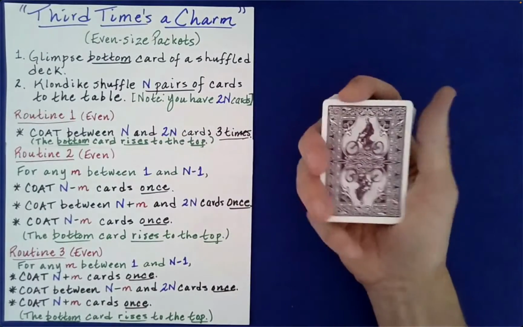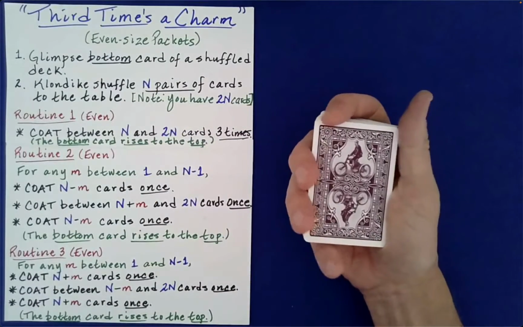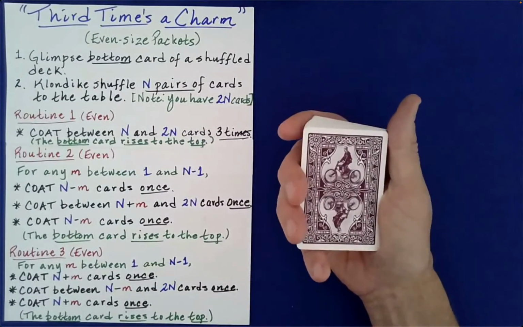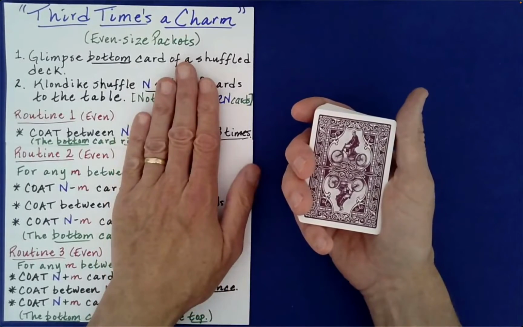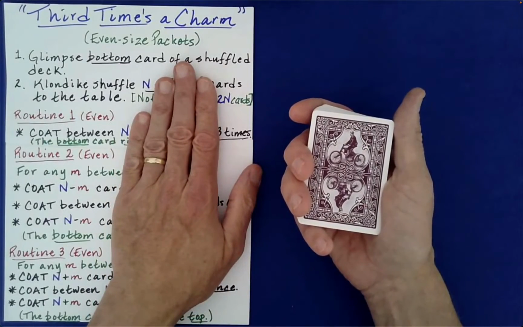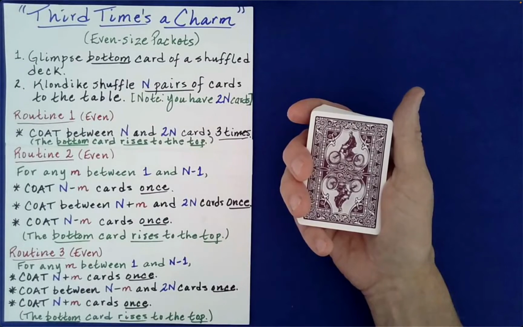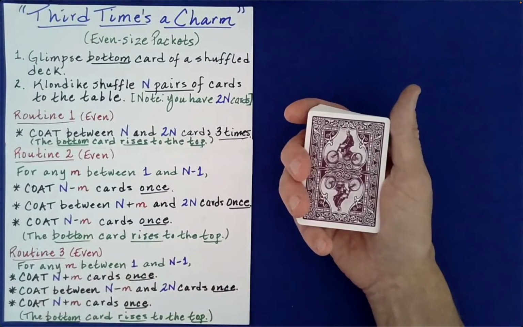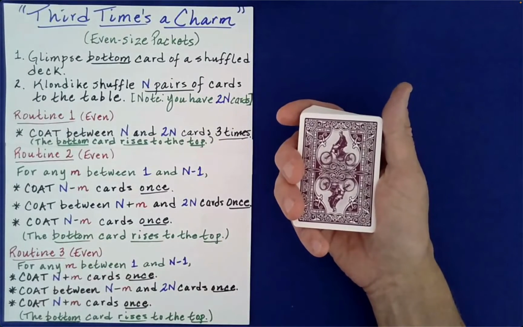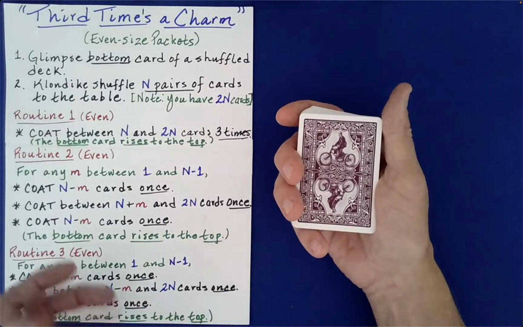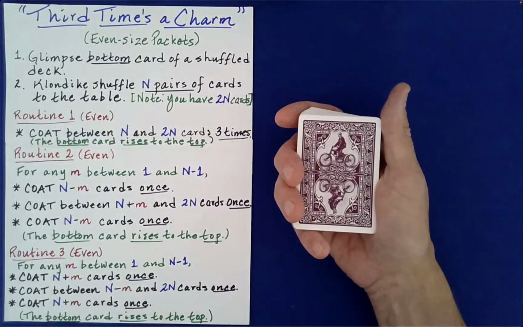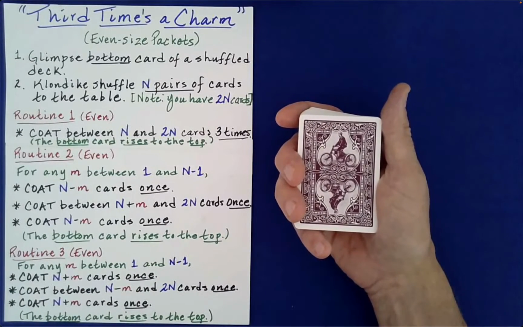What's wonderful about it is it creates a packet that has an even number of cards in it, because you're pulling off pairs of cards, 2 cards at a time. So you'll have 2, 4, 6, 8, 10 cards as you go through this Klondike shuffling to the table.